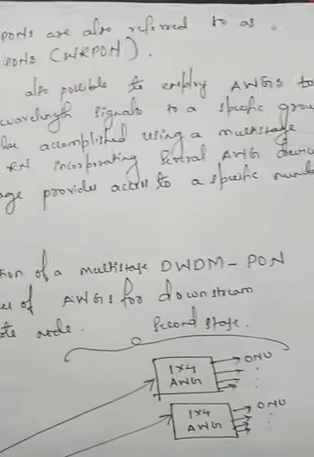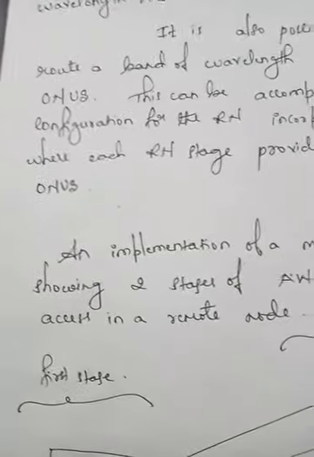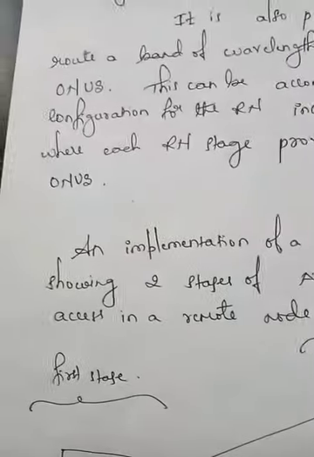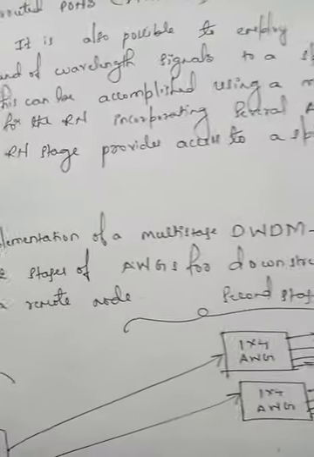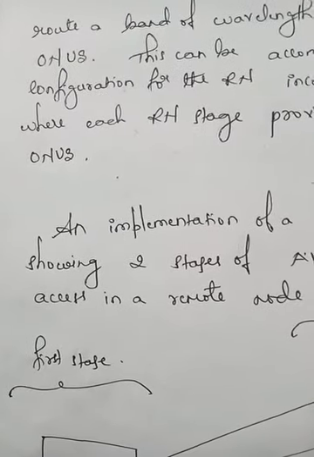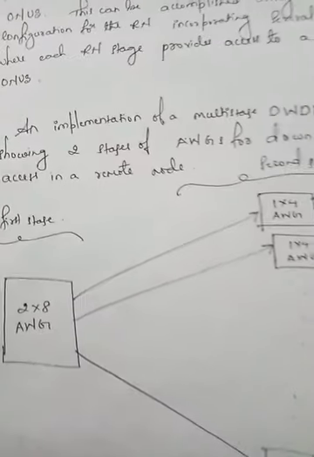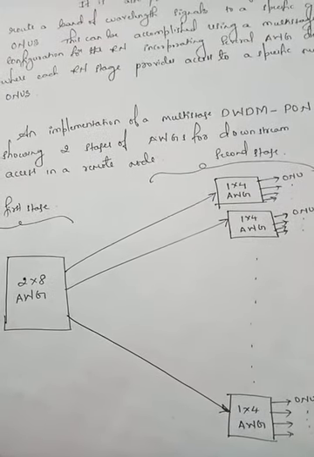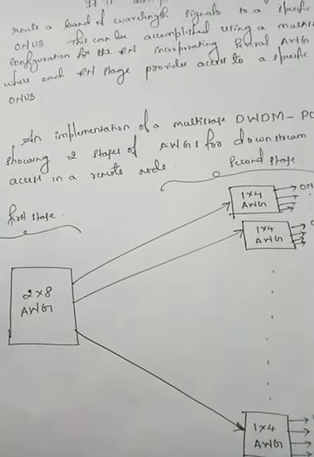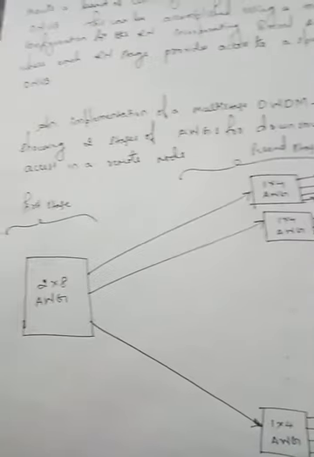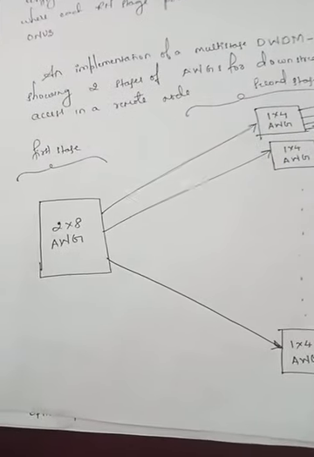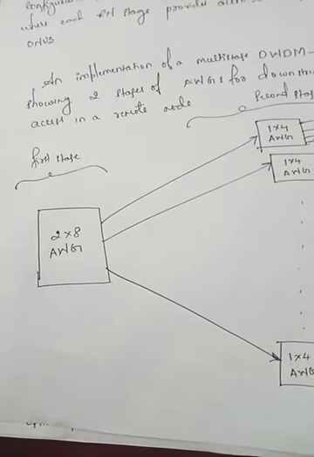This can be accomplished using a multi-stage configuration for the RN incorporating several AWG devices where each remote node stage provides access to a specific number of optical network units, ONU. An implementation of a multi-stage DWDM, that's a dense wavelength division multiplexed PON, showing a two-stage arrayed waveguide grating for downstream access in a remote node is shown in the figure, which consists of a first stage, that is a 2x8 AWG.